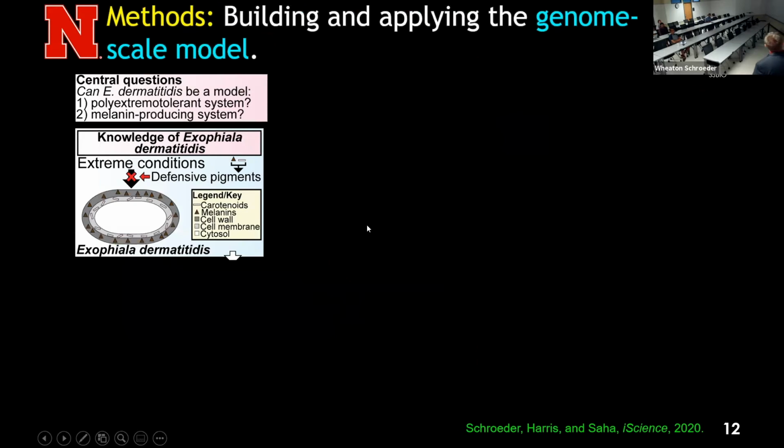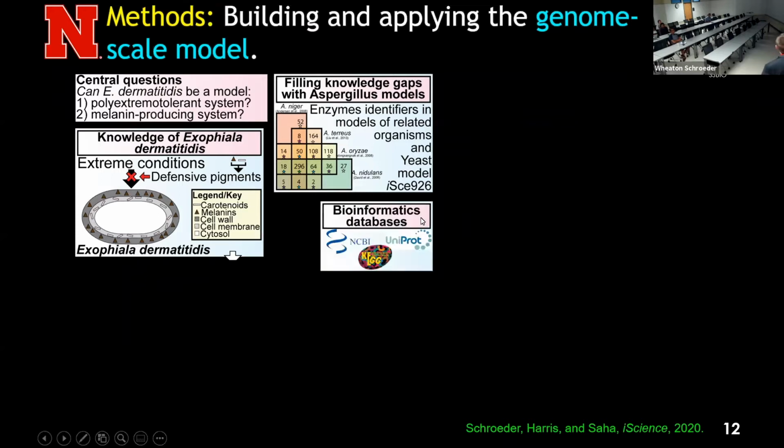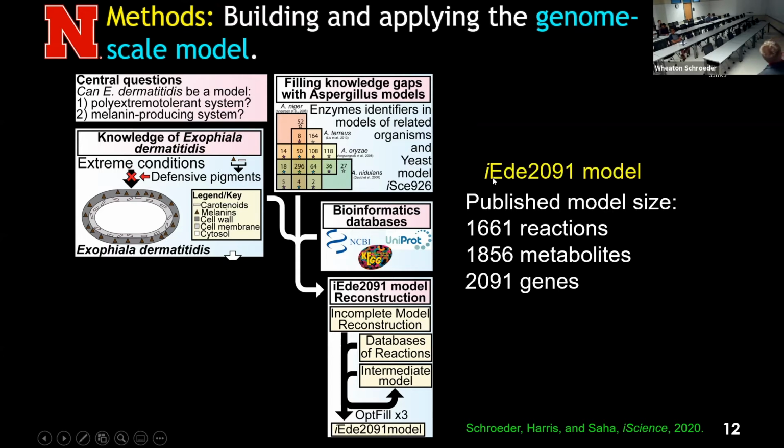So using our reconstruction that we built from our knowledge already and the gaps that we filled both by adding the core functions as well as defining databases, along with various publicly available databases, we applied OptFill 3 times to our incomplete reconstruction, using each of those agreement databases sequentially. This allowed us to produce our final model, which is called iEde2091.